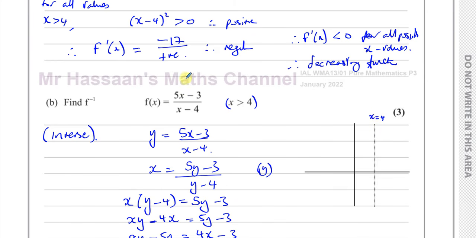We know that for sure. I also know if I do algebraic long division and I divide these, I'm going to get 5 plus a over x minus 4. Now I don't really need to work out what that's going to be. I know there's going to be a 5 here, which means it's a transformation of 1 over x in such a way that you have to add 5 to it.